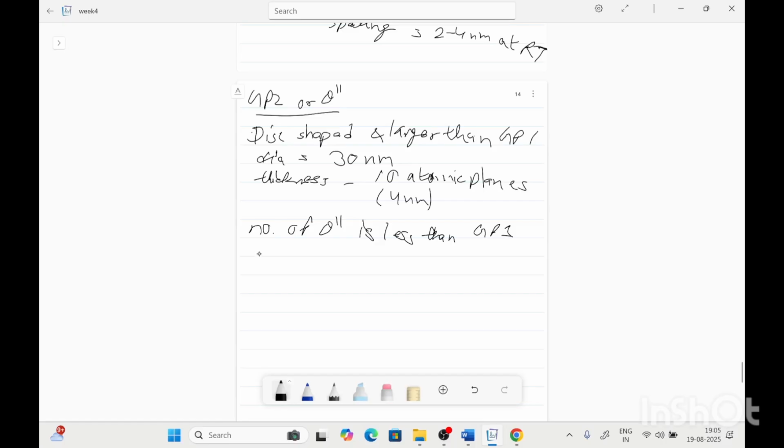The theta double prime structure is tetragonal, in which the lattice parameter a is 4.05 angstrom and c is 0.77 nanometer.